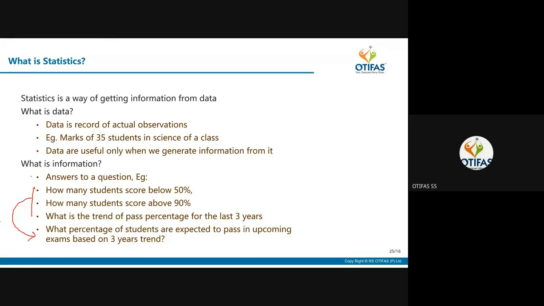What is the difference? So the first three information are discrete. The last may be continuous. The first three describe the count of students, and the last is actually the percentage. It's the range actually, like how many students are expected to pass.